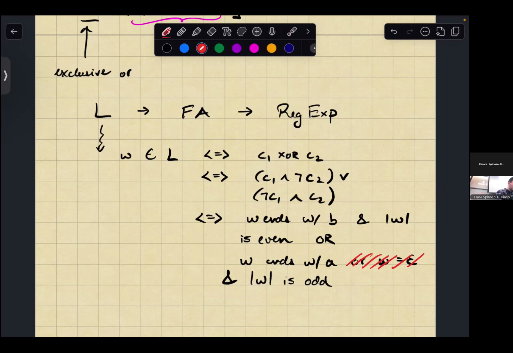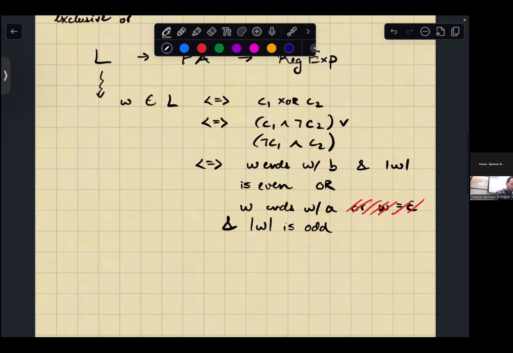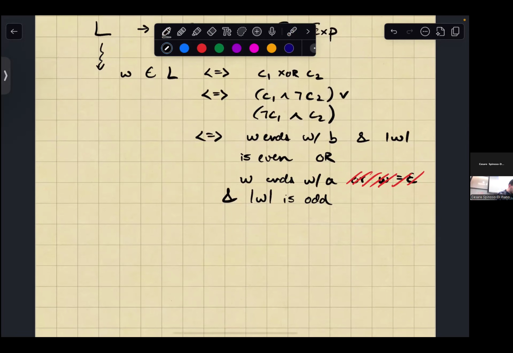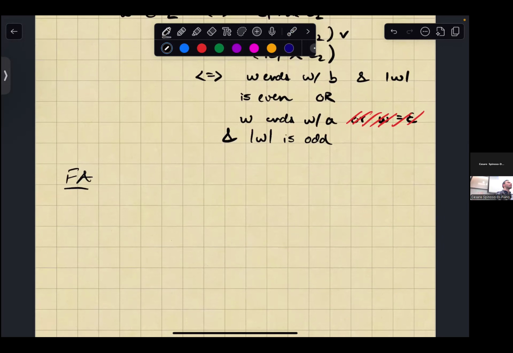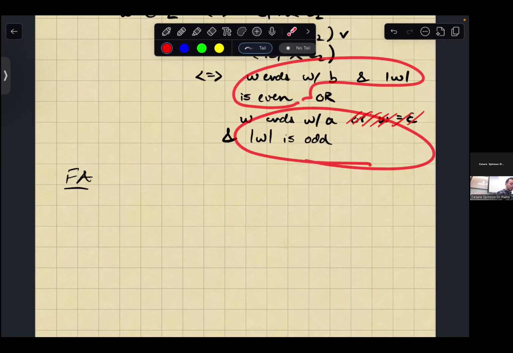So how am I going to do this? Well, I'm going to create, let's just say, an FA. I'm not going to tell you if it's an NFA or a DFA yet. What I'm going to do is create two branches, one for this first possibility and another one for this second possibility.